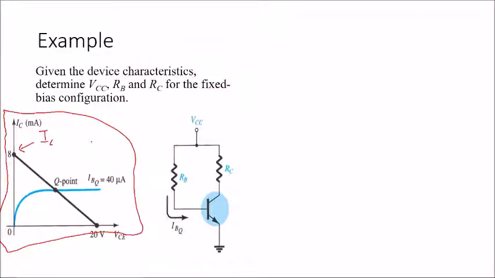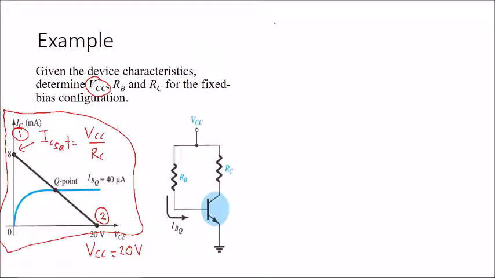For the bias configuration, the equation is IC saturation equal to VCC over RC. This is the first piece of information, and then we have the second piece of information here. If you remember, the interception value here represents the value of VCC, meaning that VCC is equal to 20 volts.